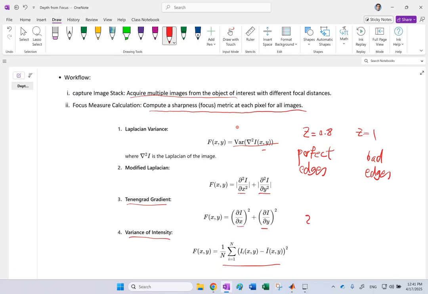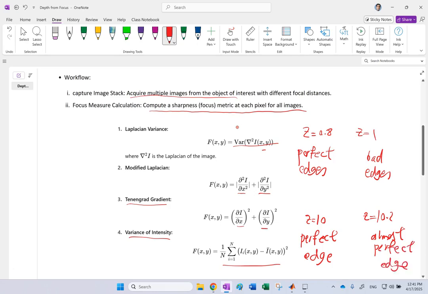But if you started at 10 and you went to 11 or 10.2 or something, if this one is a perfect edge to start with, this one is also almost perfect edge.